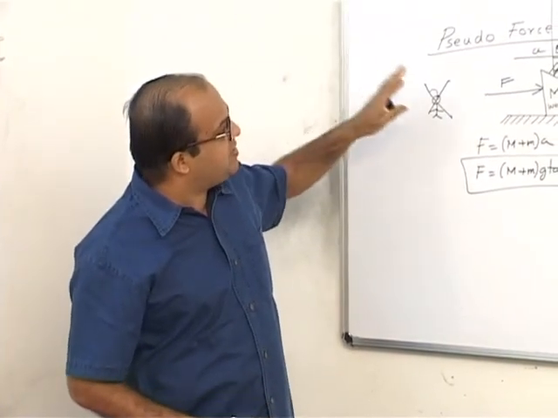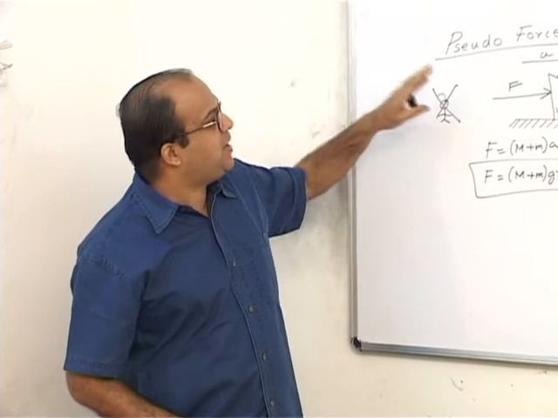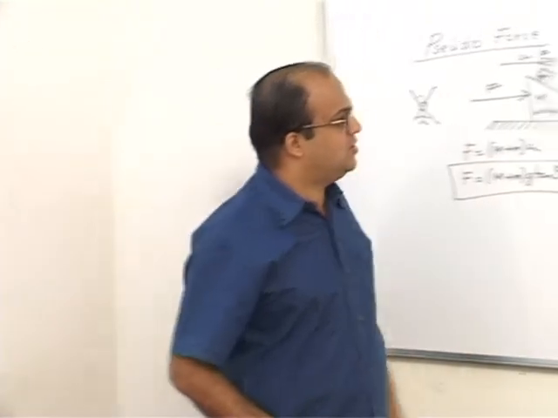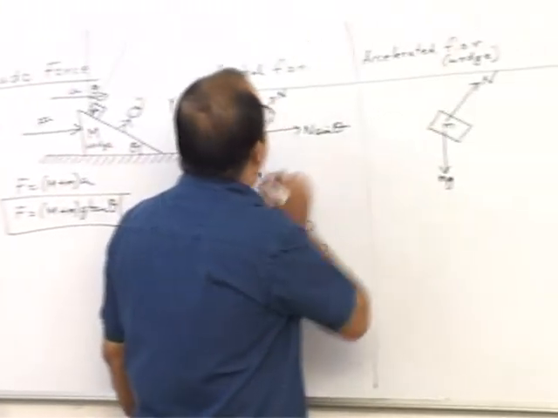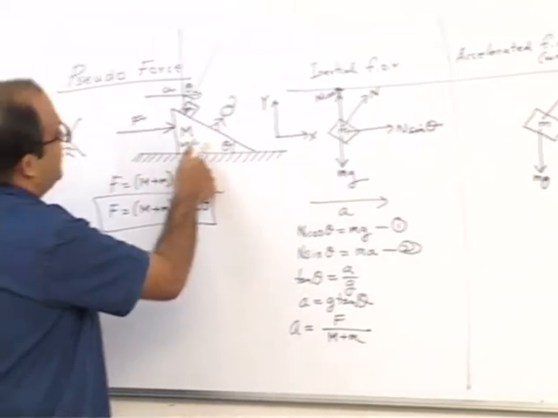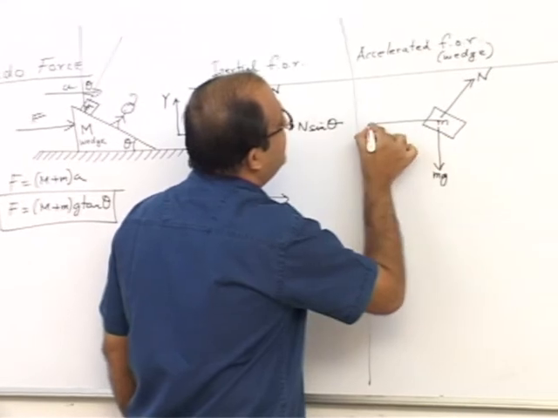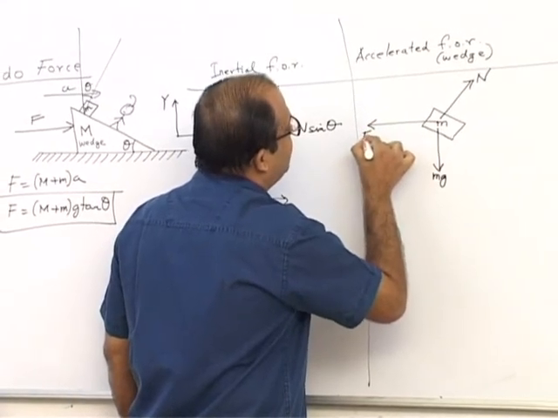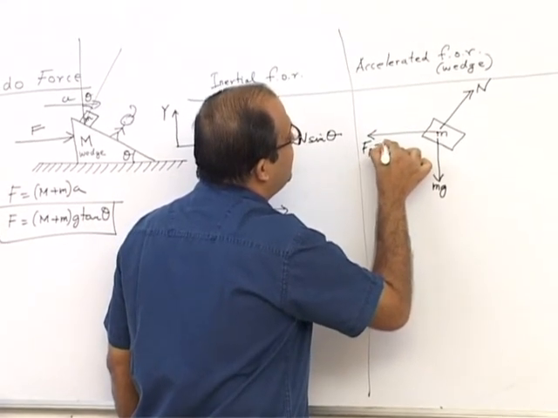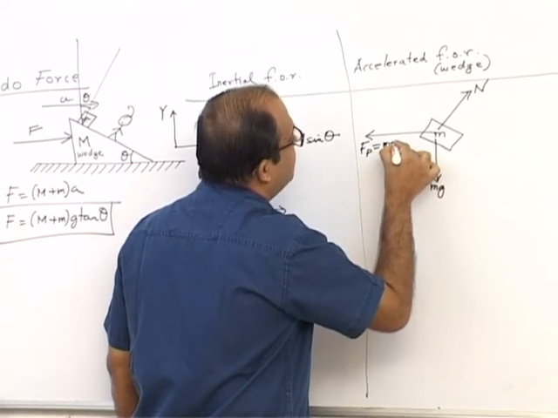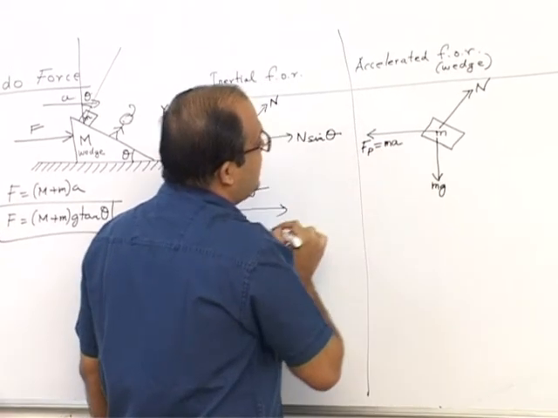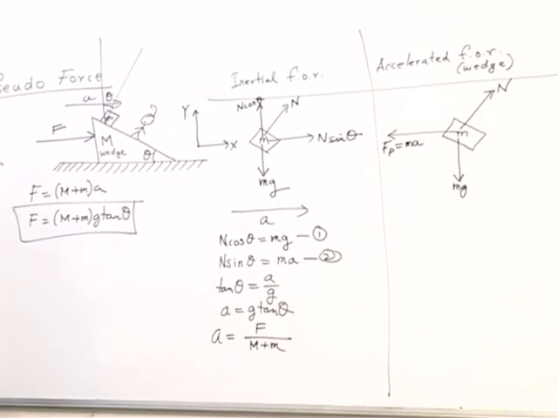Now since our frame of reference is accelerated, we must apply a pseudo force. Pseudo force will act opposite to the acceleration of the reference frame. So this reference frame is accelerating forward. Pseudo force will act in this direction. And pseudo force is mass into acceleration of the reference frame.